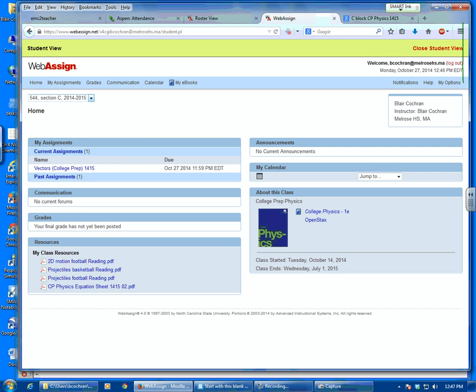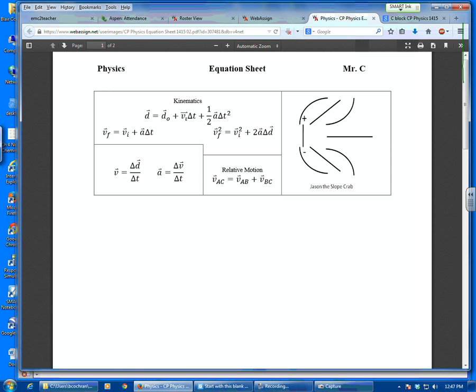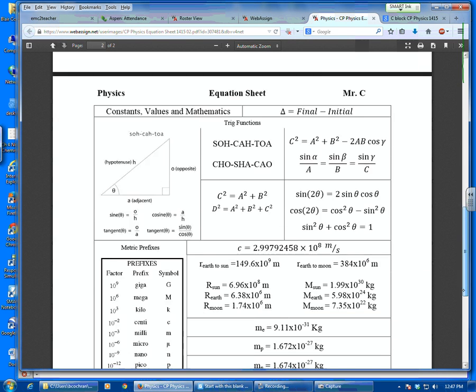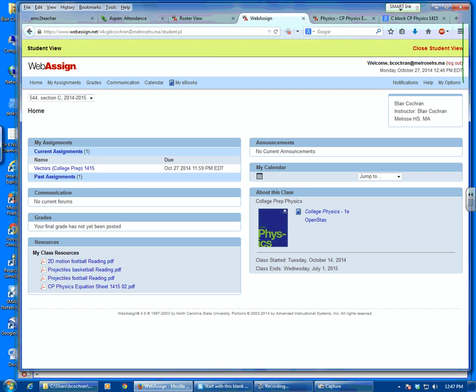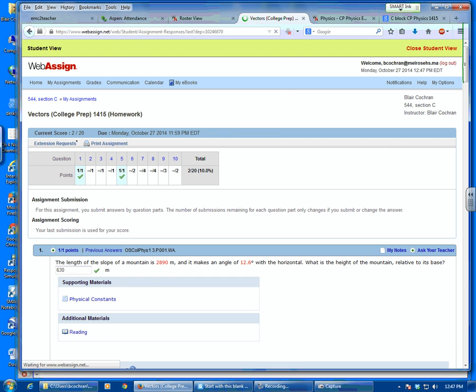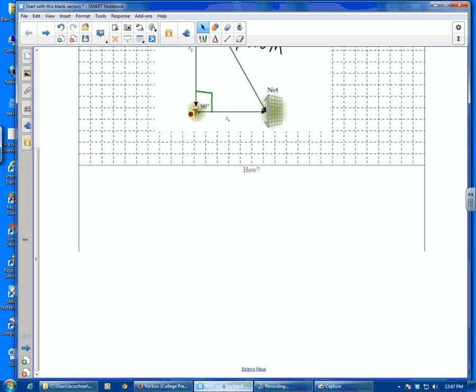When you go in, there's class resources, and I put an updated equation sheet in there. The main thing I updated was this trig section with the SOHCAHTOA definitions in there for you. If you're having trouble remembering SOHCAHTOA or just not used to using it, which I know is the case for some people, it is right there on our equation sheet now. Hopefully that is helpful to you.